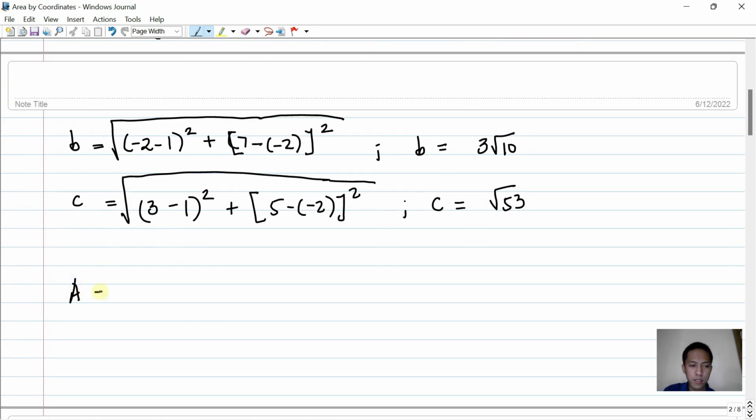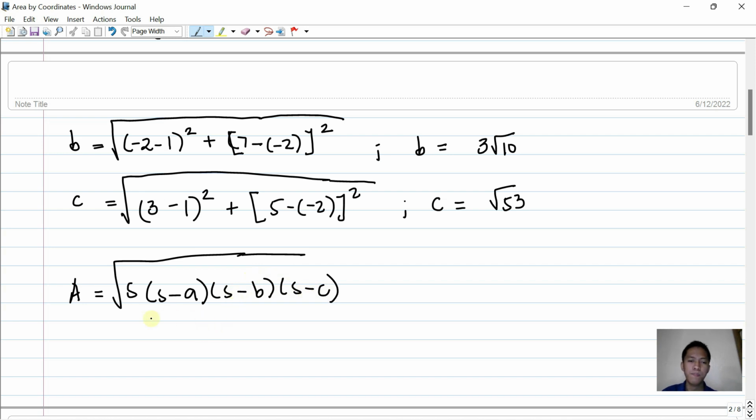So the area is, where S is the semi-perimeter, the square root of S times the quantity S minus A times the quantity S minus B times the quantity S minus C. Okay? So the semi-perimeter is A plus B plus C all over 2.